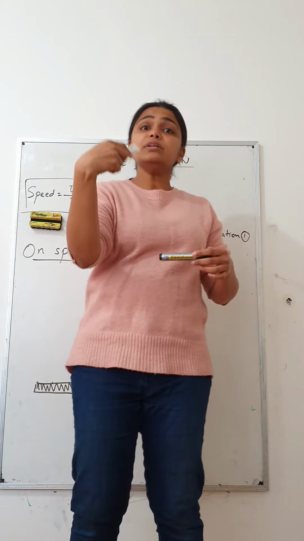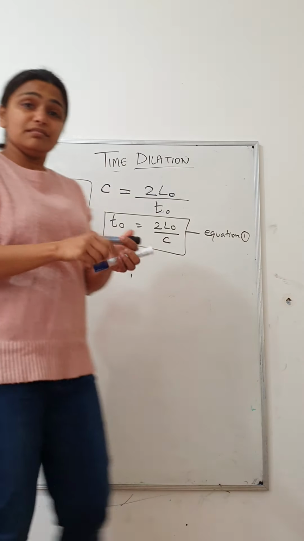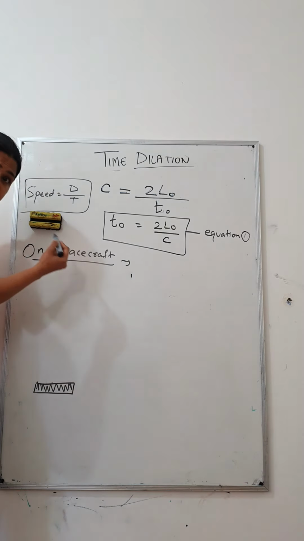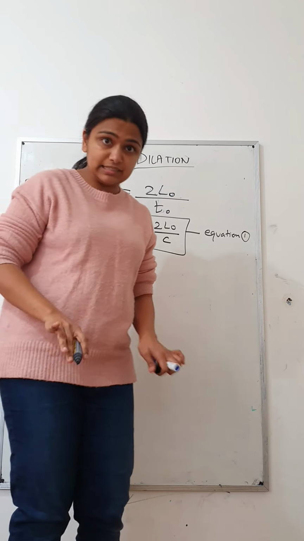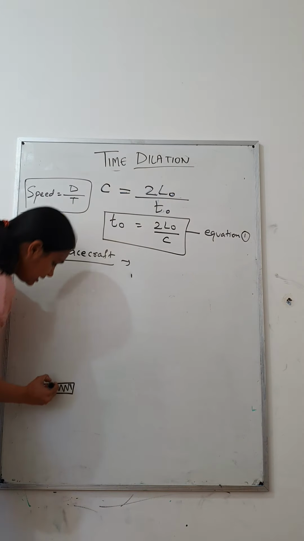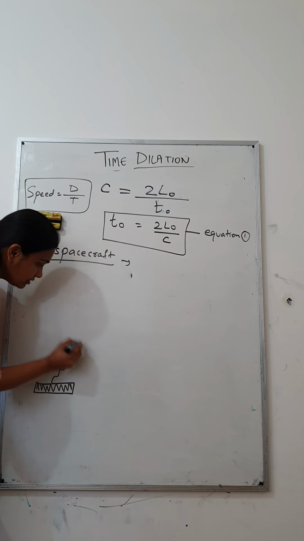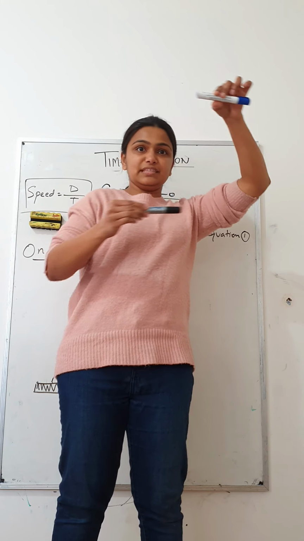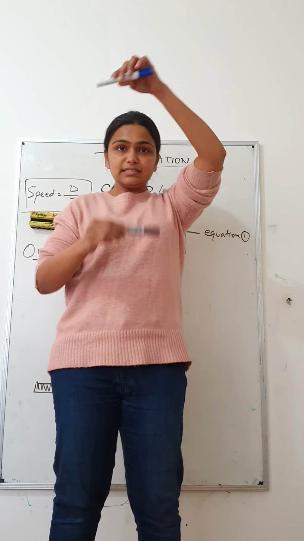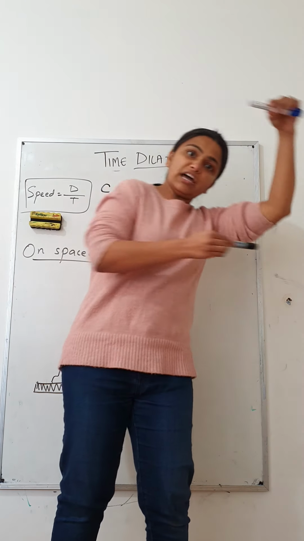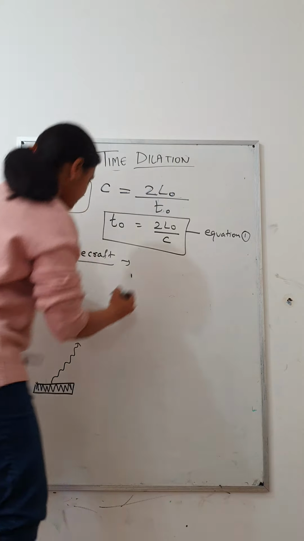So the person on the ground will observe that the light, rather than traveling straight up as he observed in the laboratory in the same frame of reference, goes like this, because by the time the light reaches the upper mirror, the spacecraft would have moved forward.